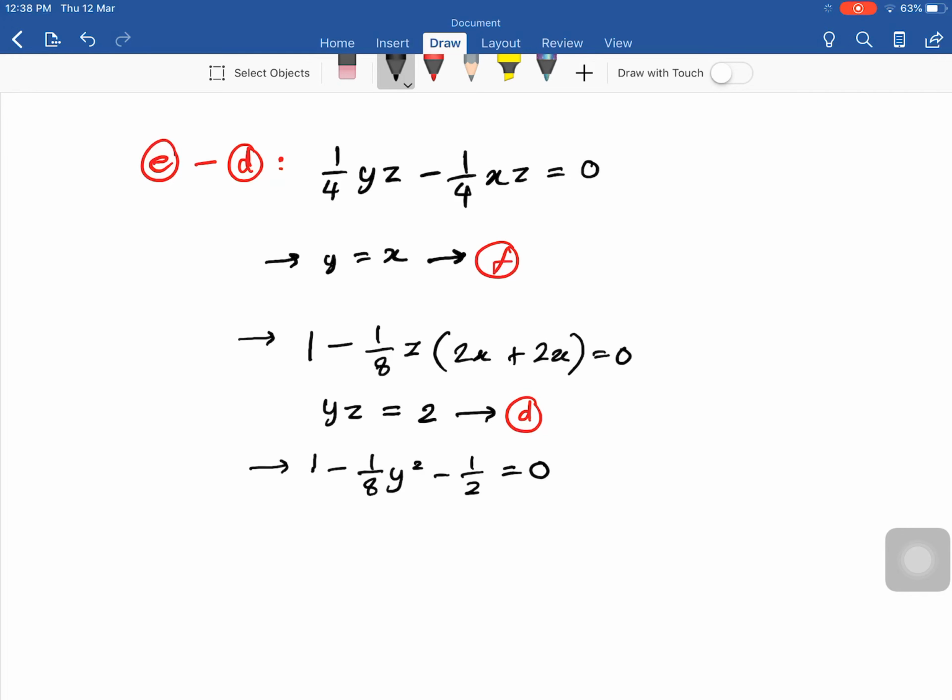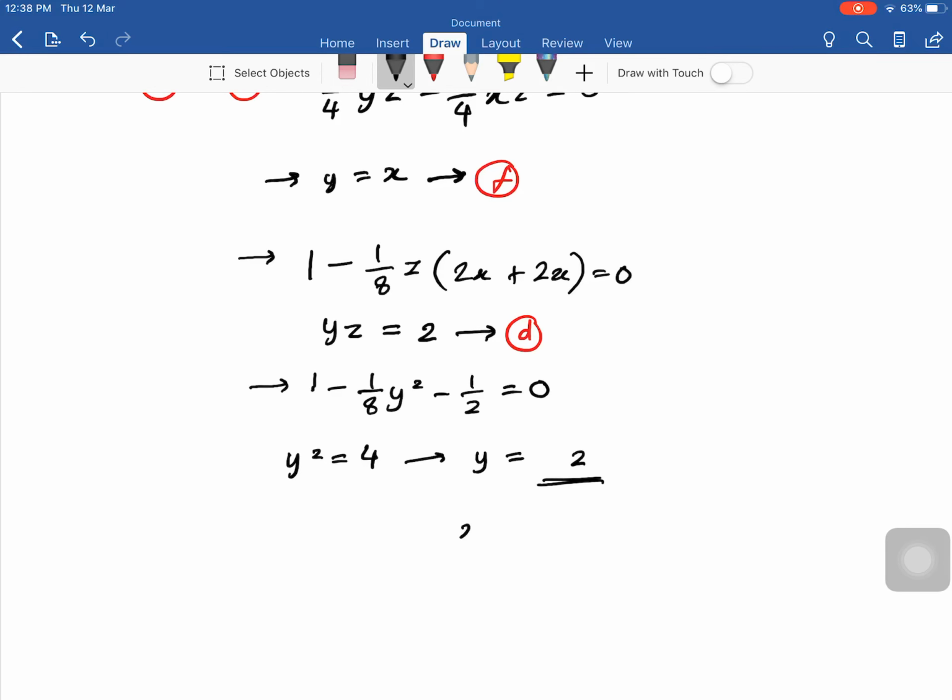So y square equal to 4. So y is equal to, it can be plus minus 2, but since we consider a realistic problem, there is no negative dimension for the cuboidal box, so there's only 2. The value of y is 2. Okay, and then of course x is equal to 2 also, and then we can find z is equal to 1.